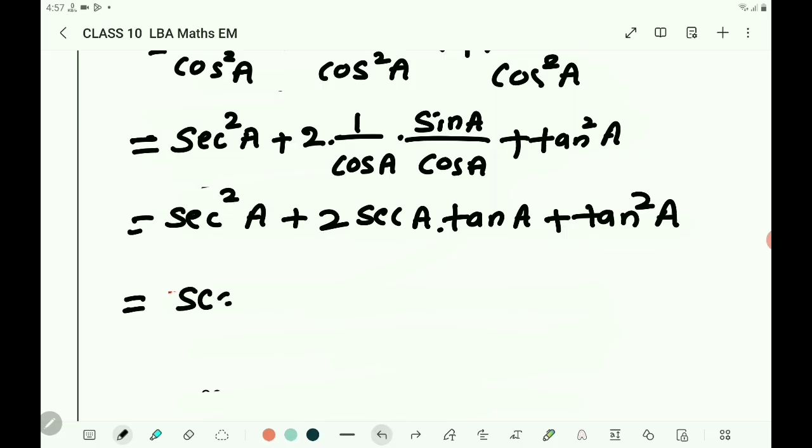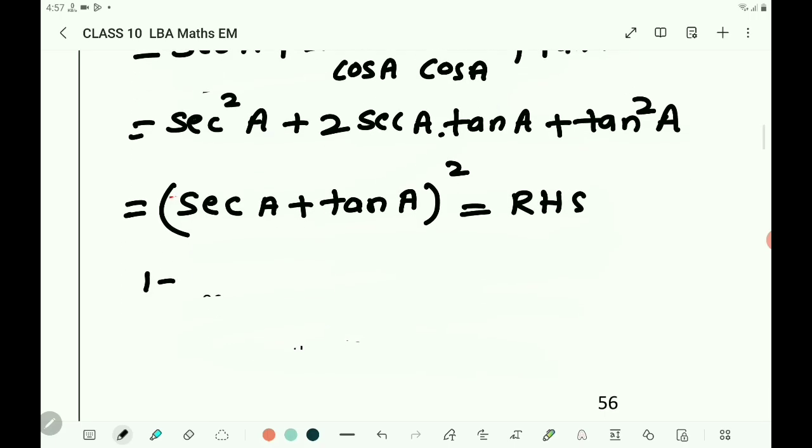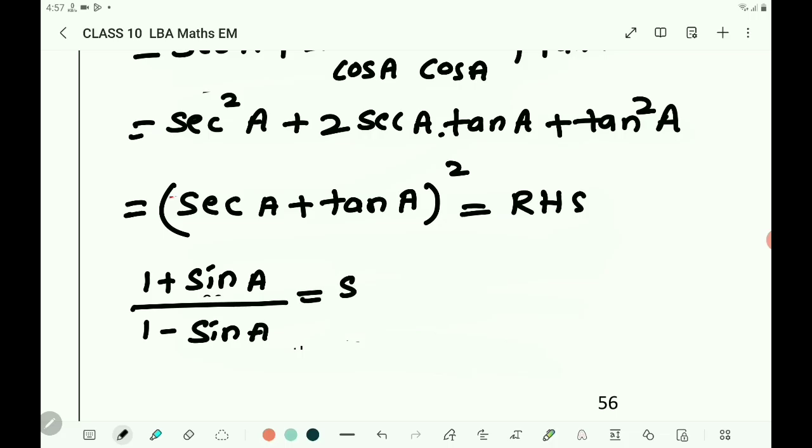Secant A plus tan A whole square, which is equals to RHS. Therefore, we can write 1 plus sin A by 1 minus sin A is equals to secant A plus tan A whole square.